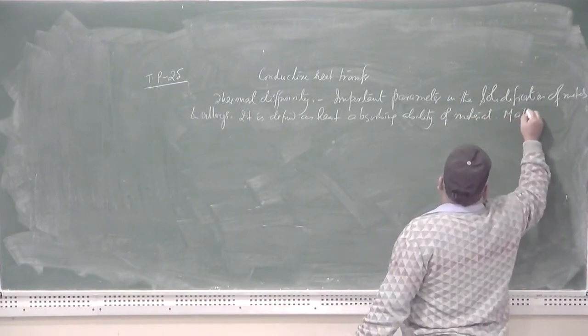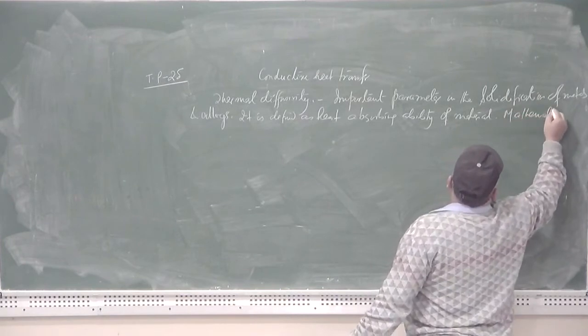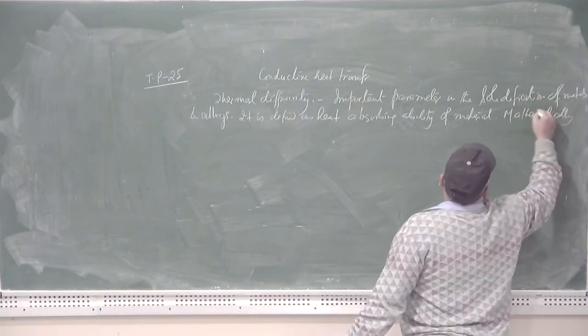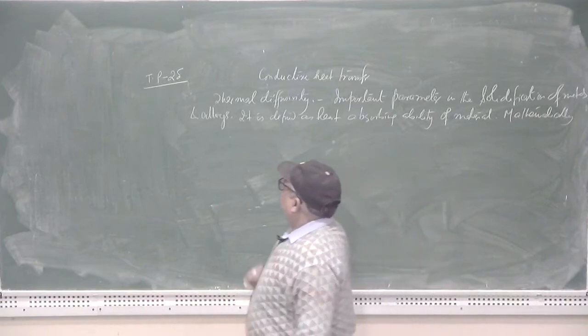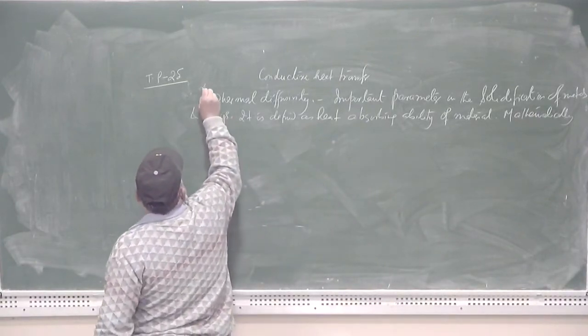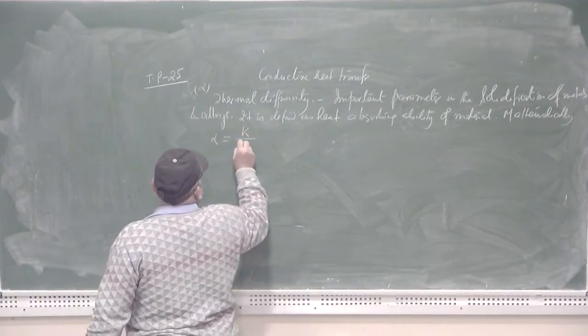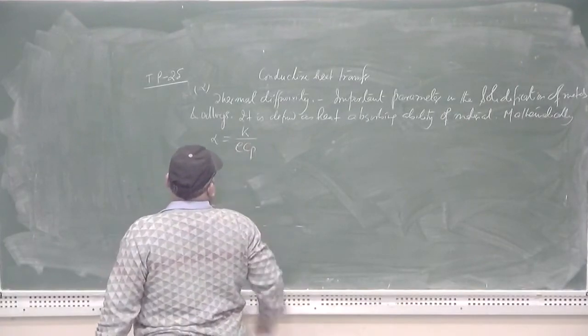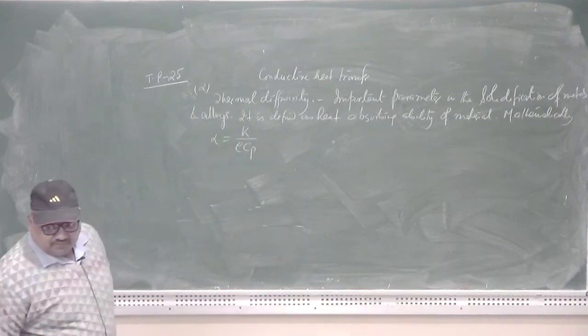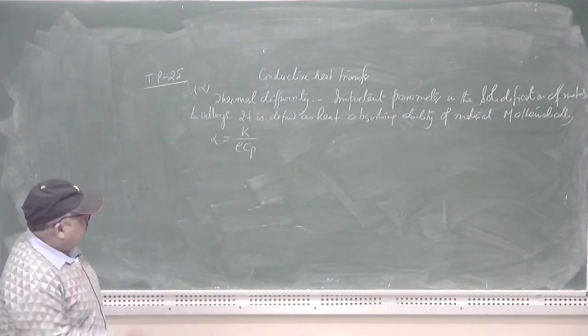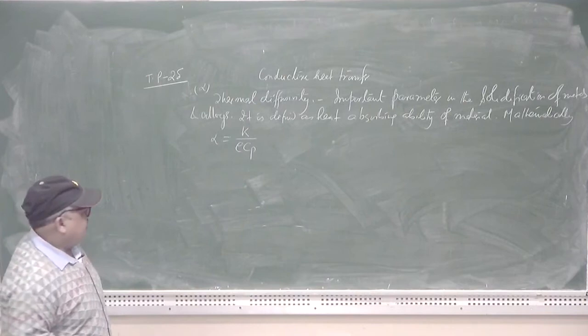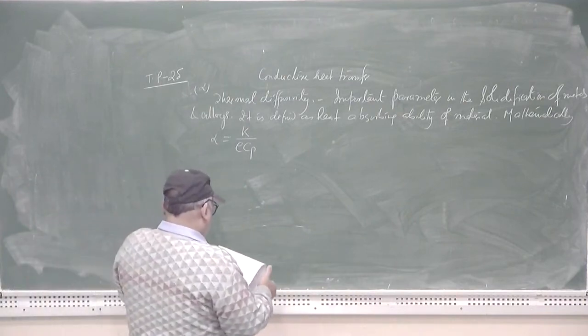And mathematically we can say, this quantity which is denoted by the letter alpha, the thermal diffusivity, is defined as K upon rho Cp. So, if you take the dimension here again, alpha is equal to K upon rho Cp.